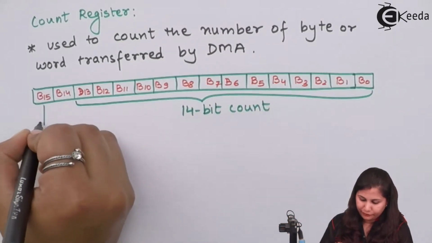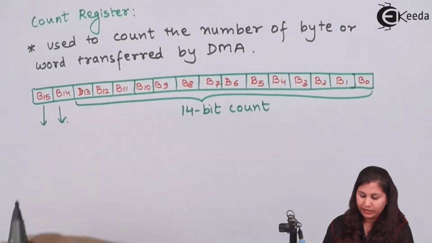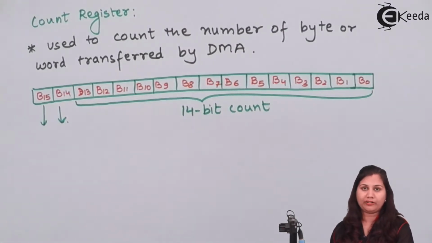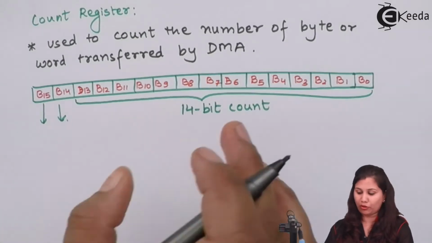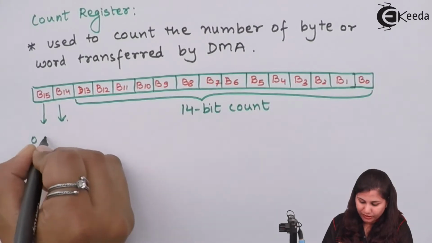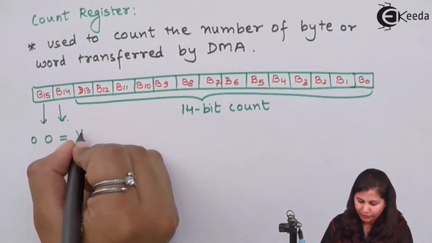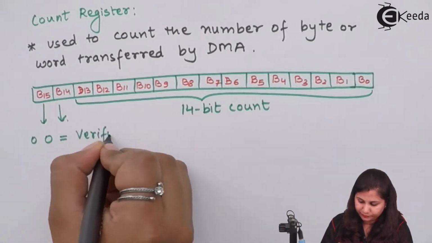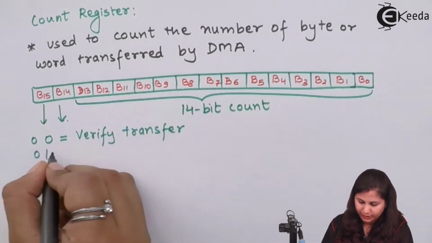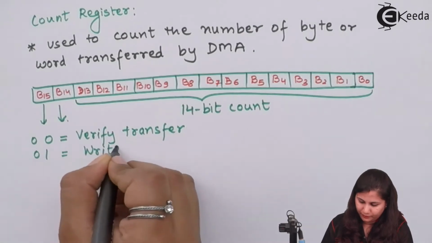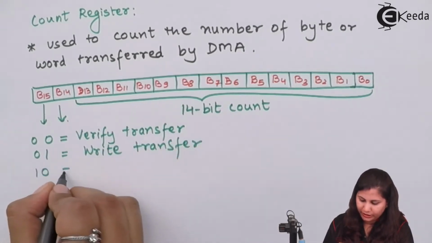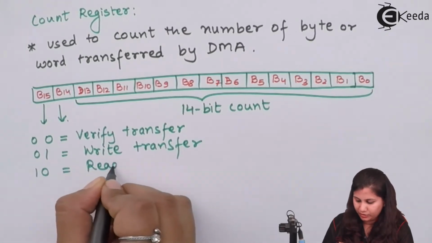And bit numbers 15 and 14 decide which operation, like read, write or verify transfer, has to be performed on this 14-bit count. If this is 0, 0, then the operation is verify transfer. If it is 0, 1, then it is write transfer. If it is 1, 0, then it is read transfer.